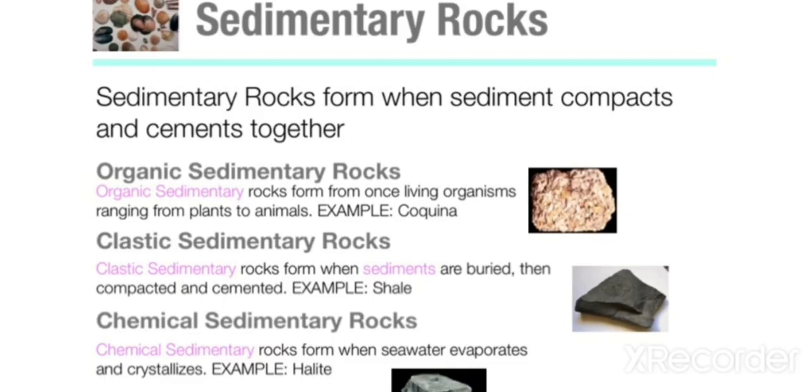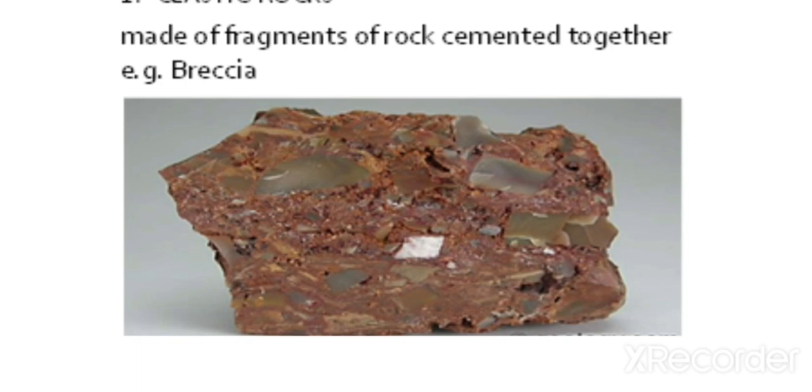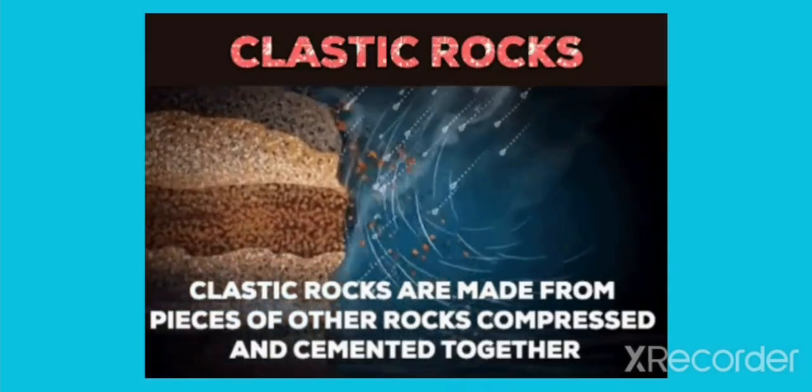There are three types of sedimentary rocks, and they include the clastic sedimentary rock, organic sedimentary rock, and the chemical sedimentary rock. The clastic sedimentary rock are made up of fragments of rock that are cemented together. Sedimentary rock are usually formed from particles of other rocks that are broken down.